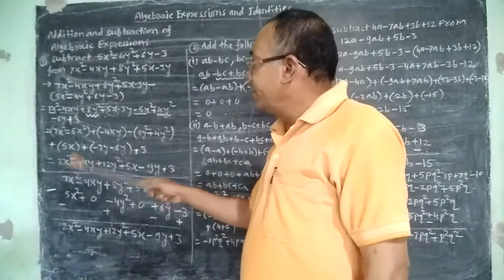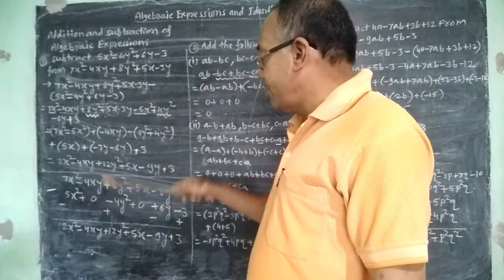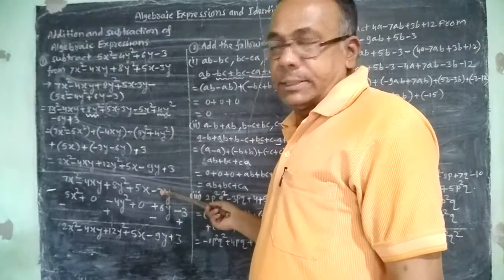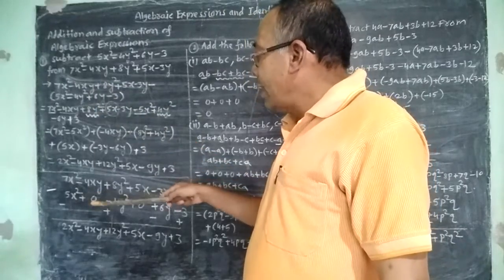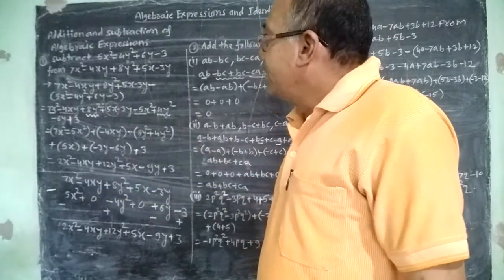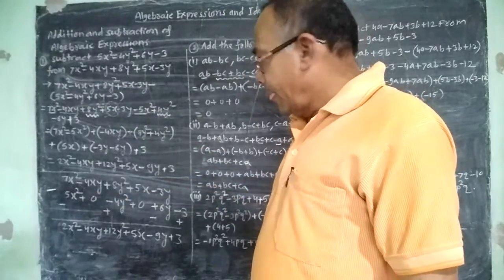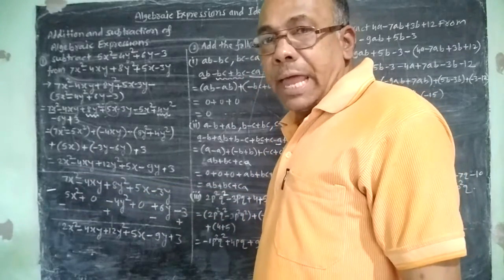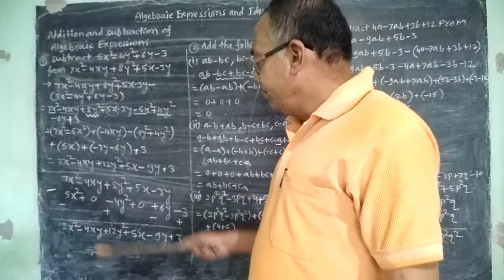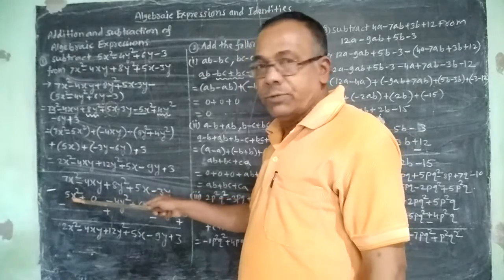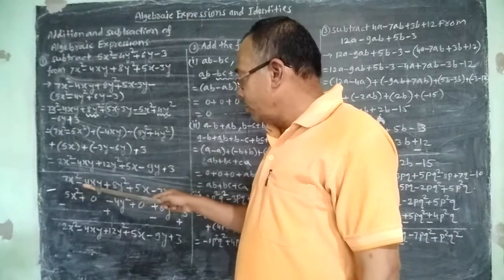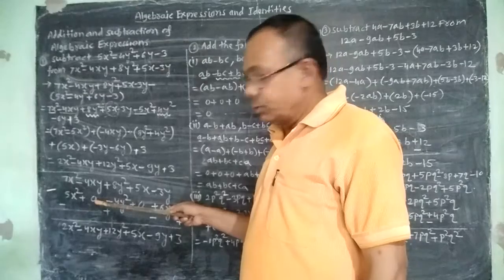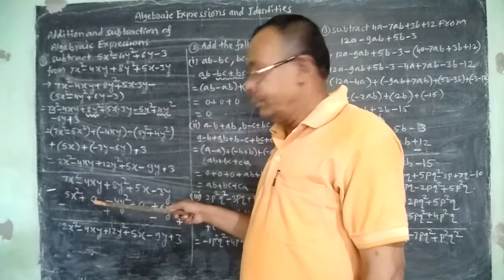So here I have written 7x square minus 4xy plus 8y square plus 5x minus 3y as it is, and below, while writing the first expression, I have put the terms which are like. So here below 7x square I have taken 5x square, minus 4xy has no another like term, so I have written there 0.